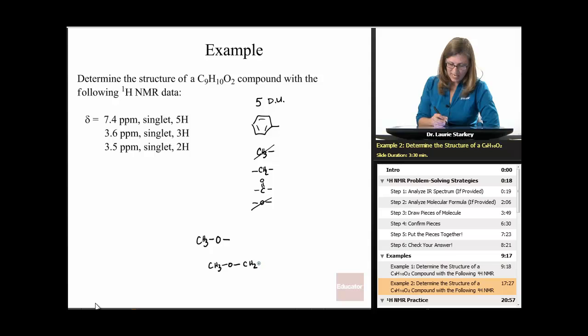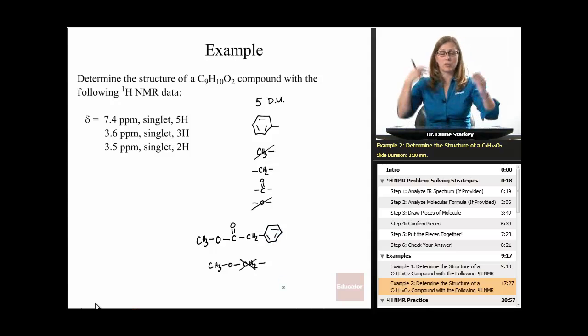But then when we attached it to another piece, the carbonyl or the benzene ring, what would happen to that 3.5? That would de-shield it even more, and we wouldn't expect it to be there any longer. So we can't put the CH2 here. Instead, it's the carbonyl and then the CH2.